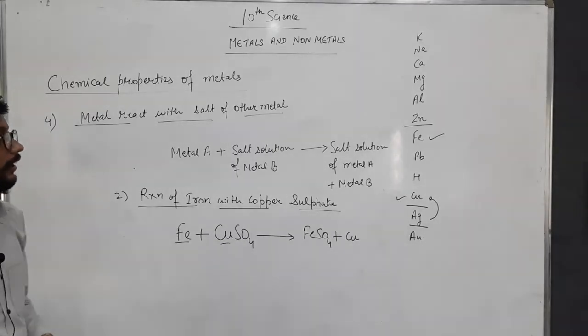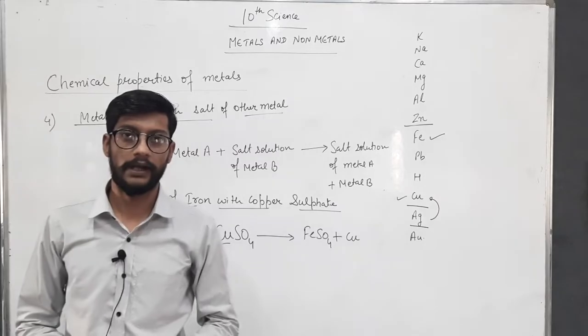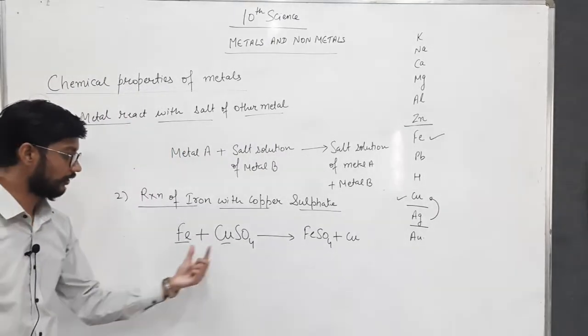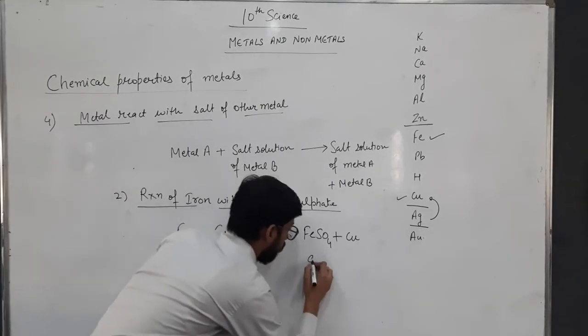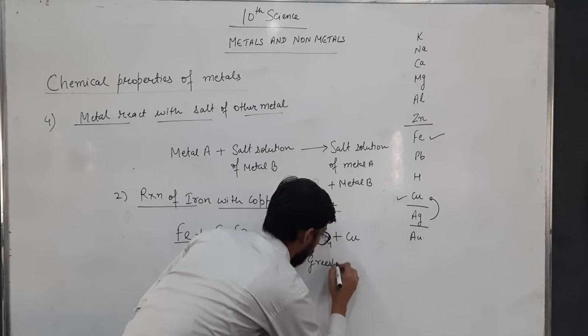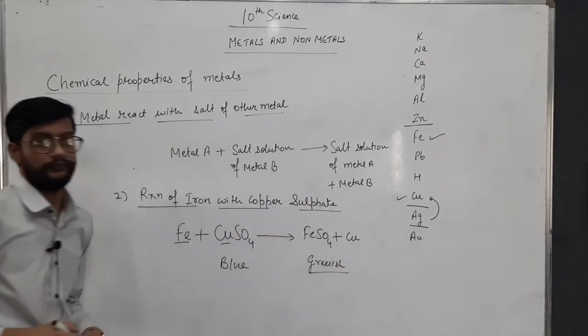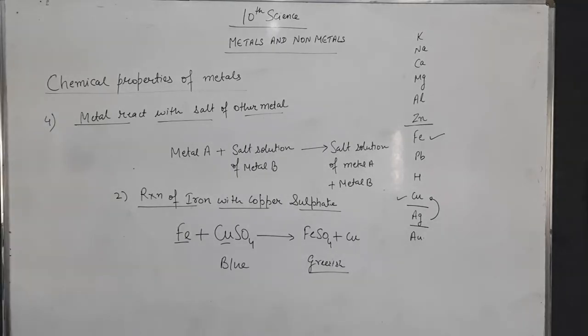So if metal reacts with the salt of other metal, a change in color also takes place. This is the second reaction, reaction of iron with copper sulfate.